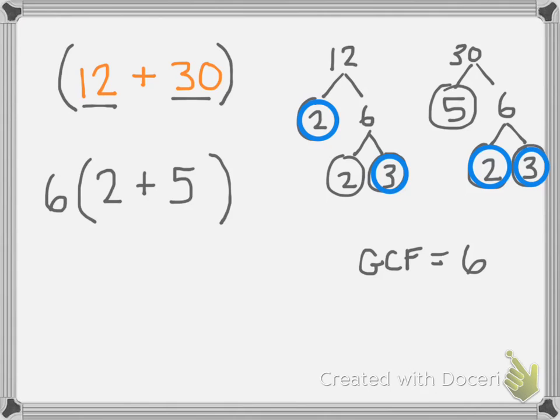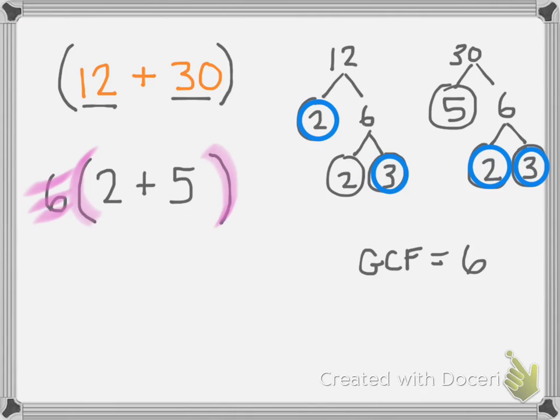And what we've created is a common factor right here. A common factor times a sum that has no common factor. So this sum has no common factor in it. And in this way, we're able to create a multiplication problem between the common factor 6 and the sum of the terms without a common factor.